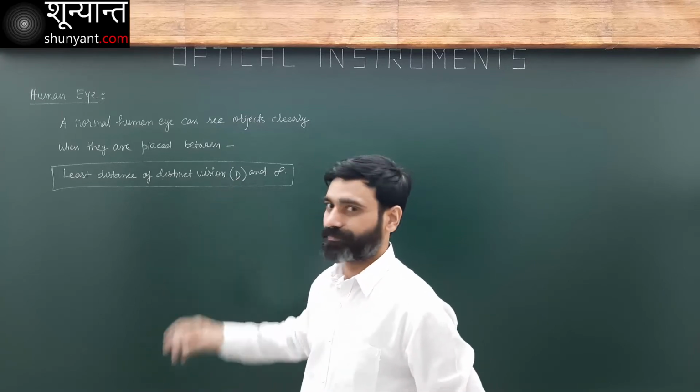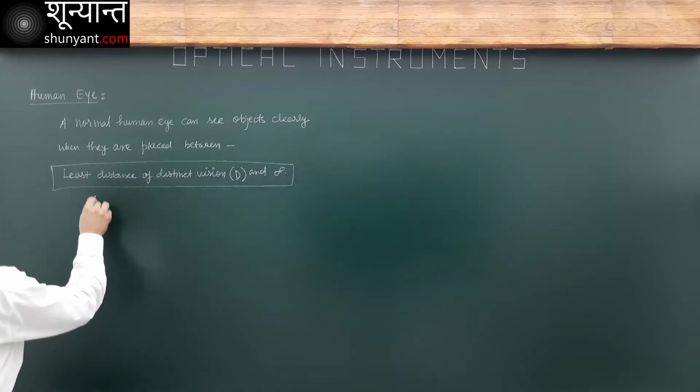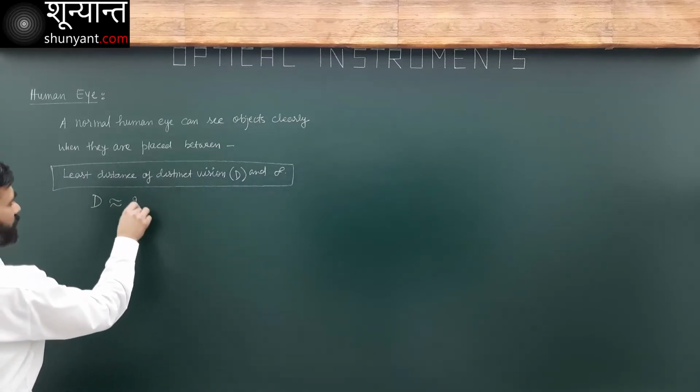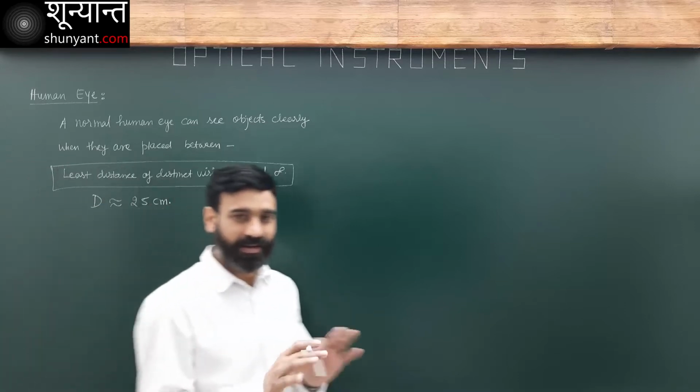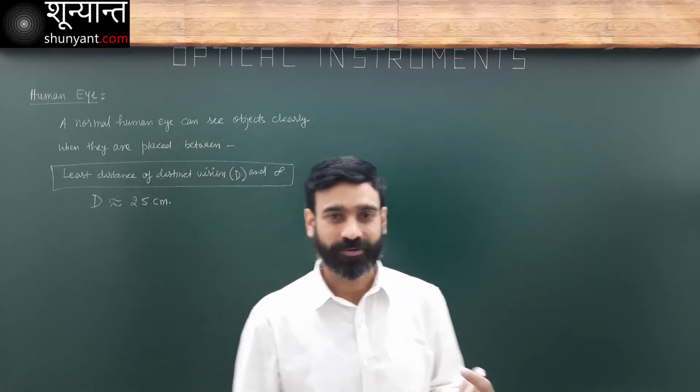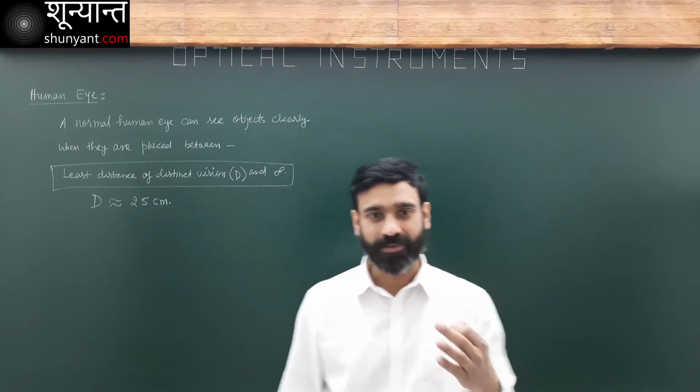The symbol is D, and its value is approximately 25 centimeter. This is an average value. Different persons are going to have different distances; some may have more than this, some less.